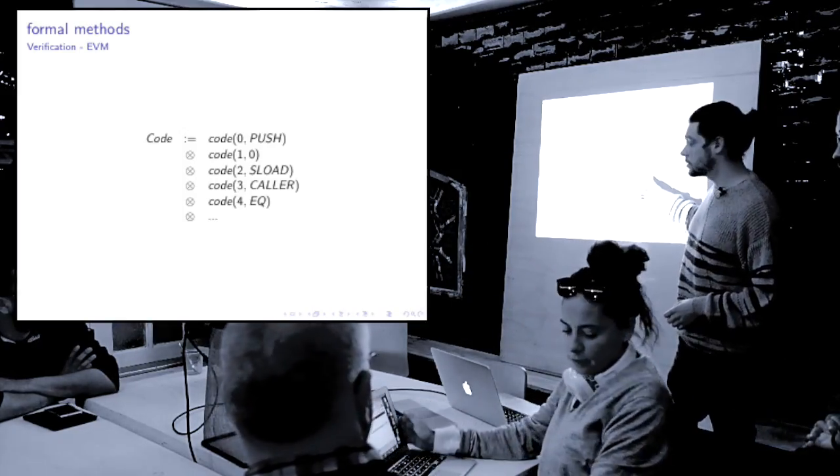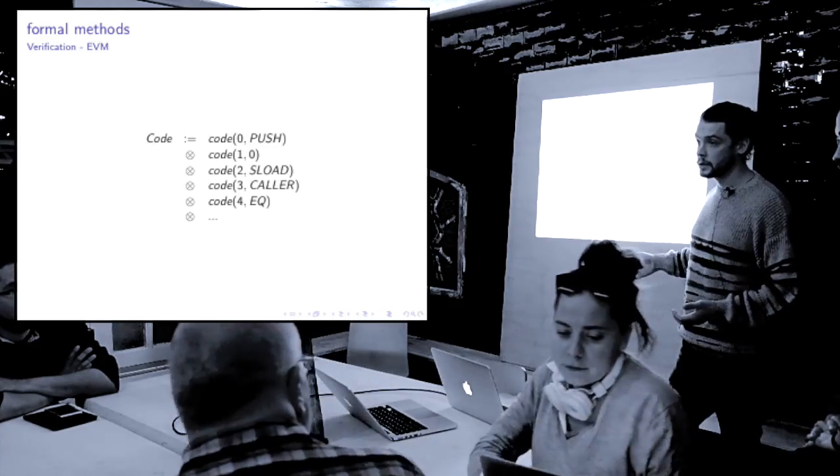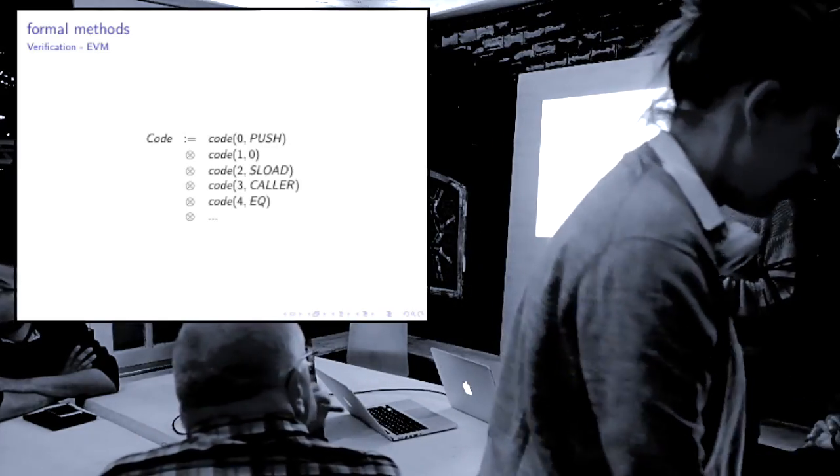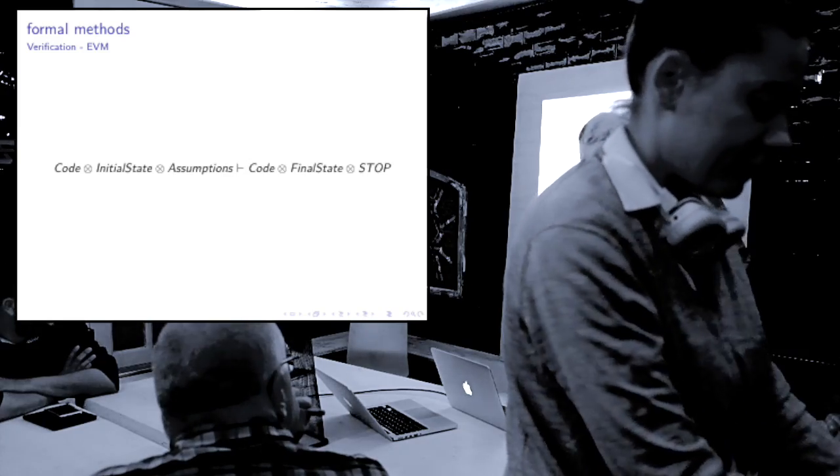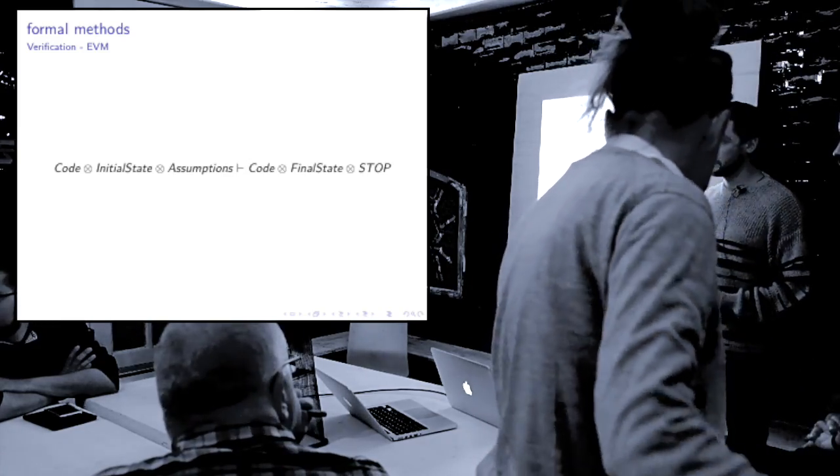So we have this EVM model written in linear logic. And this is, for example, the push 1 instruction. What we do then is we take the code of, for example, some simple wallet, which we put into our state, and we can make simple proofs with it.